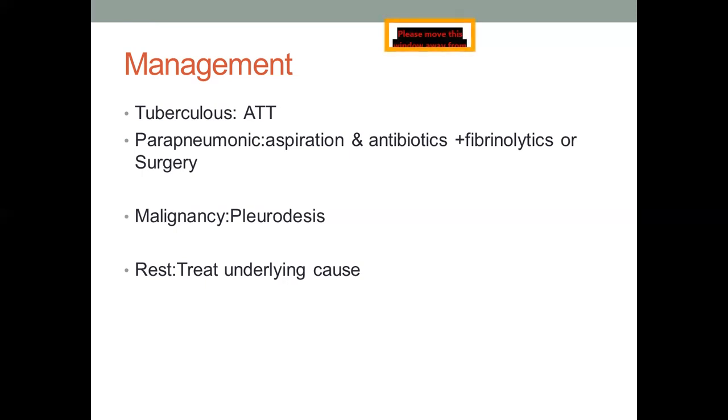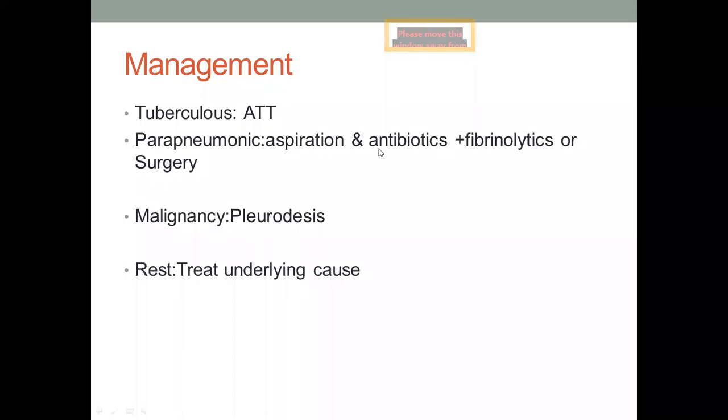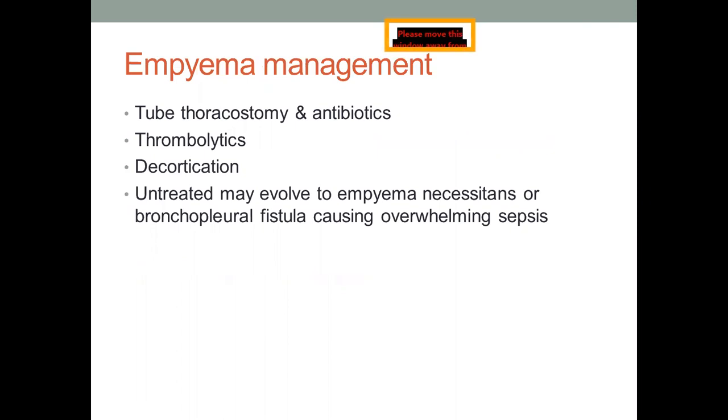Pleurodesis is a procedure of creating inflammation in the parietal and visceral pleura to obliterate the space and create adhesion of both pleurae. So, in the remaining pleural effusions, treatment of the underlying cause is recommended.